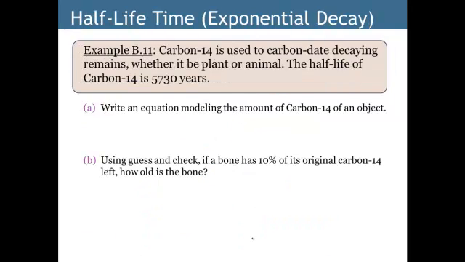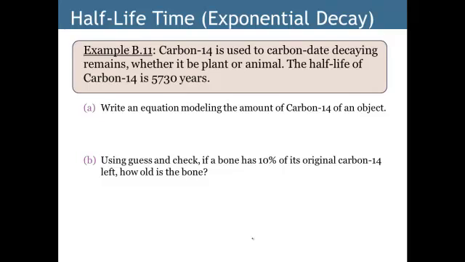Let's do another one, half-life time. And this is exponential decay or half-life. All right. And this is very common. So carbon-14 is used to carbon date decaying remains. So like when they dig up the dinosaurs and they say, oh, this dinosaur is this old, that's called carbon dating. Okay.